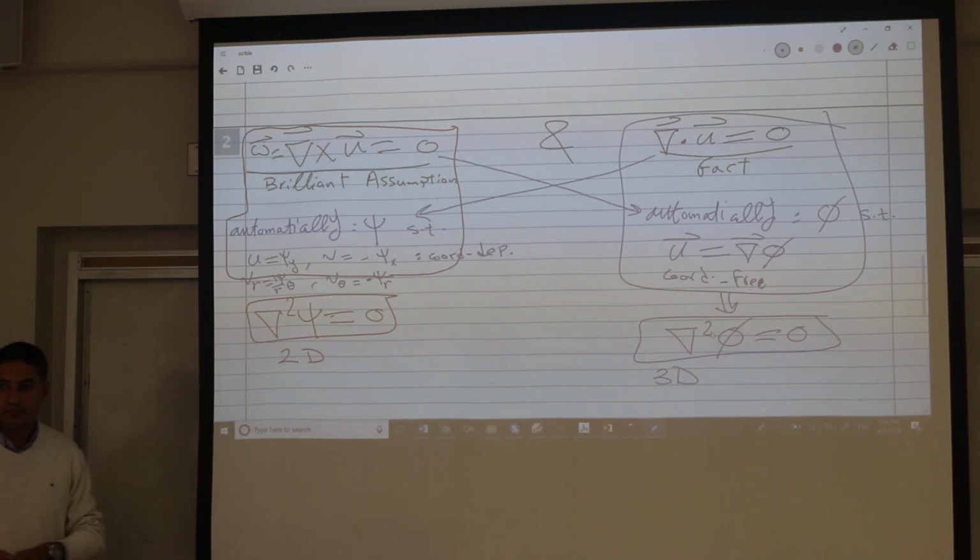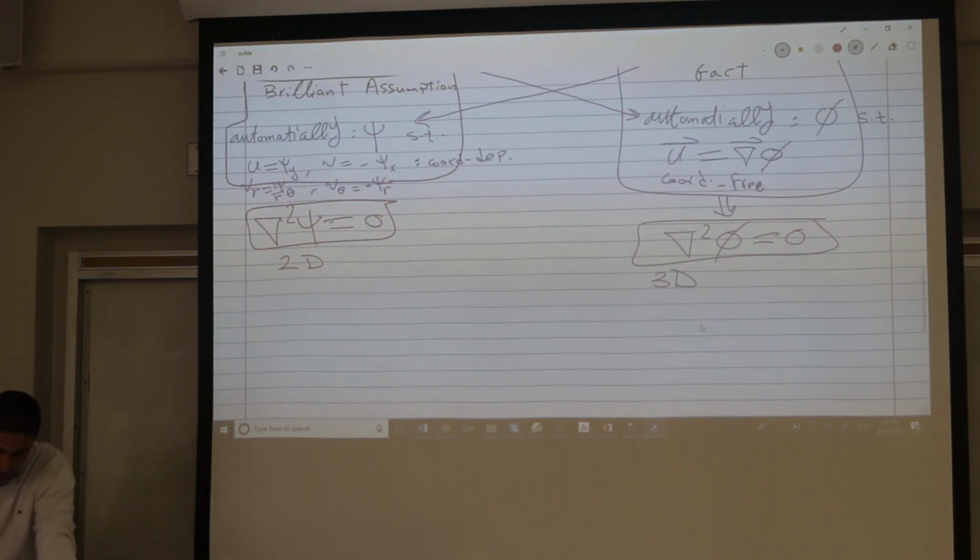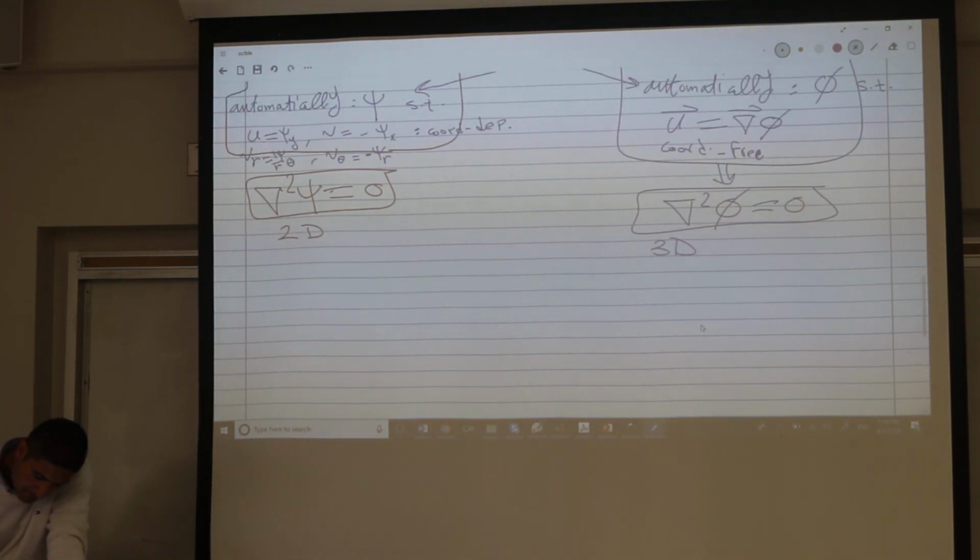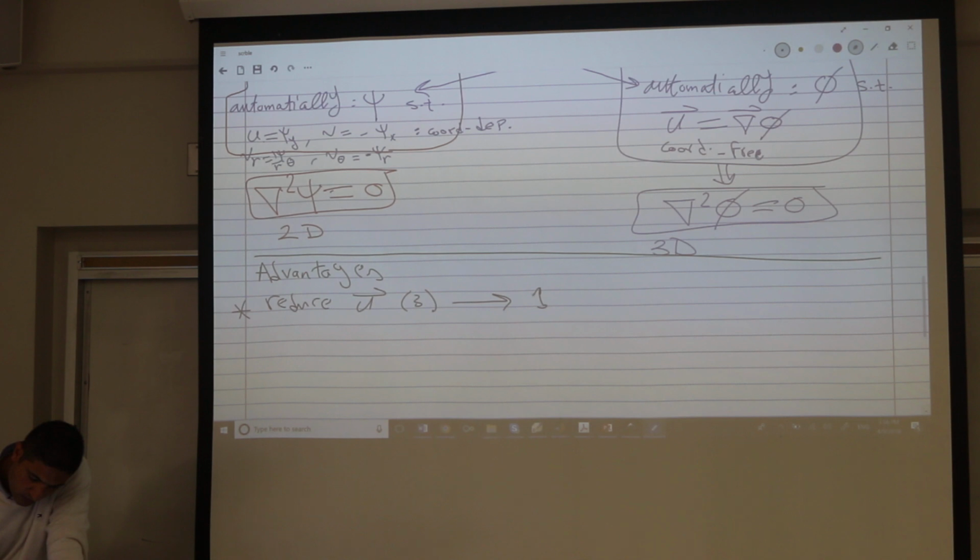Okay? So this is one thing. But this is not the most important advantage that we got. Let's see what we got. What are the advantages? First, reduce U with 3 components to only one unknown.